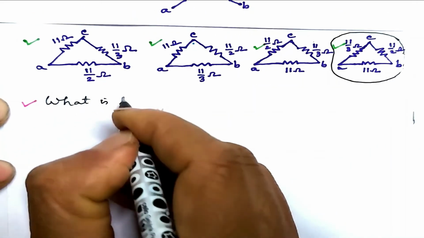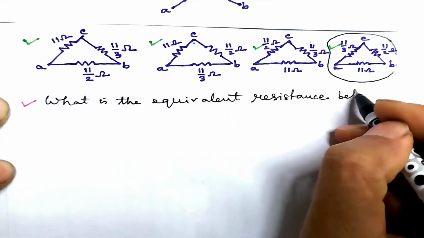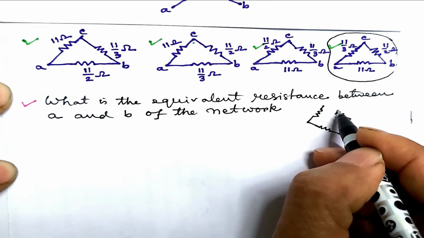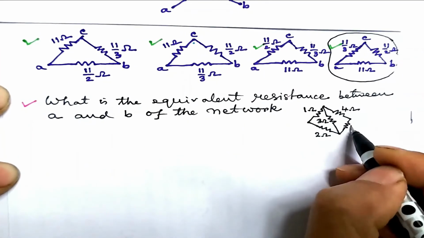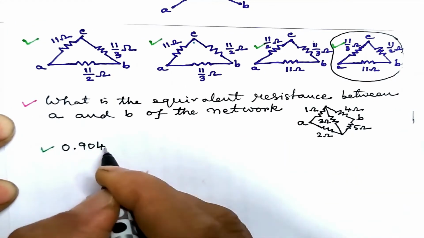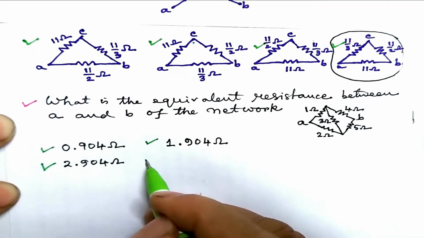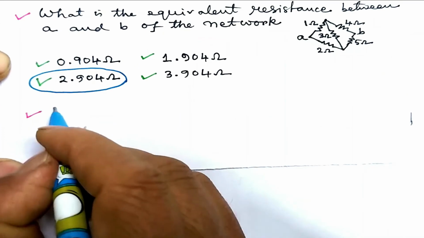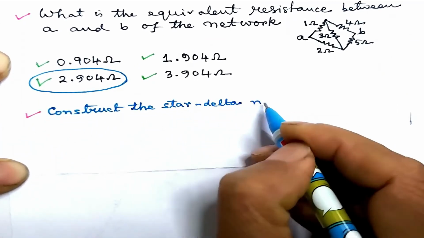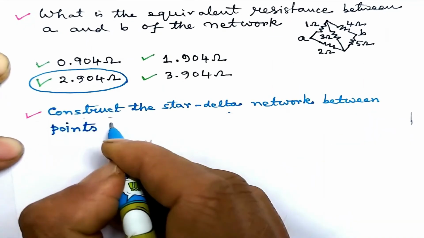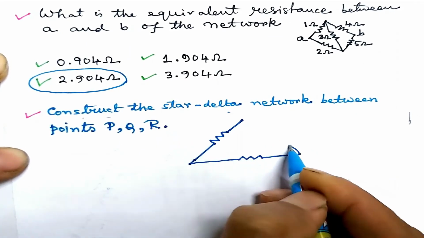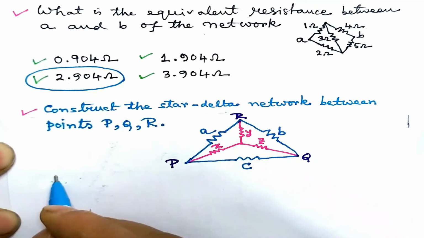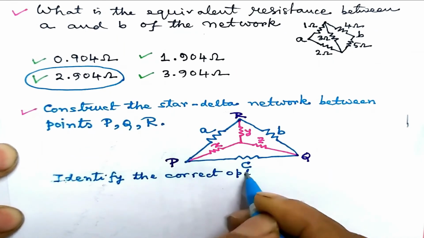Next question. What is the equivalent resistance between A and B of the network? The options are, and this is the correct option that we got. Next question. Construct the star delta network between points PQR. Identify the correct option.